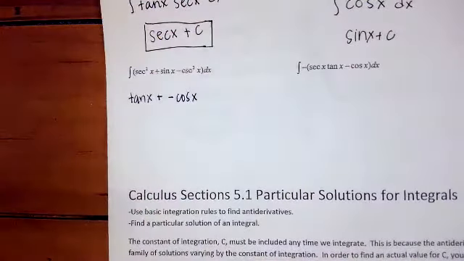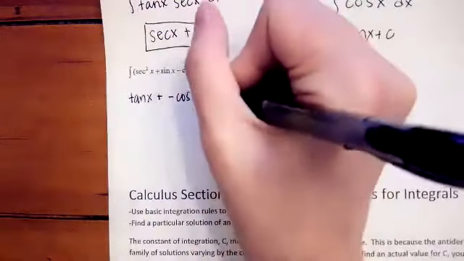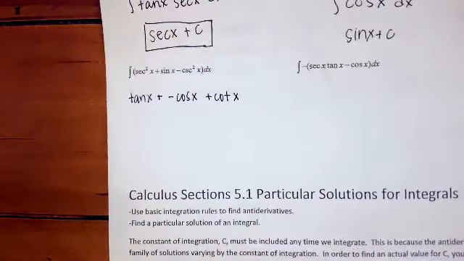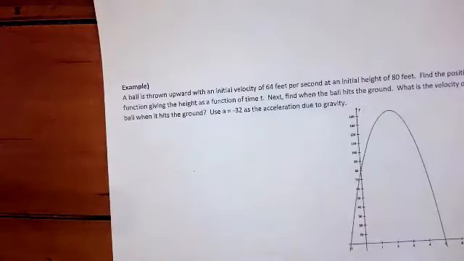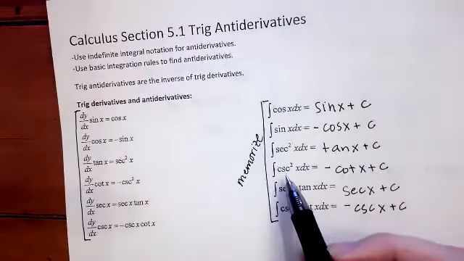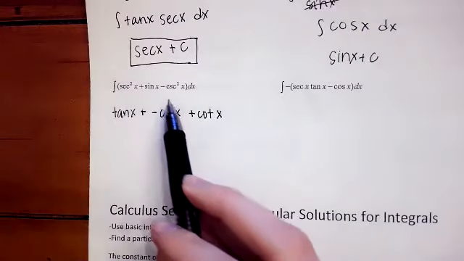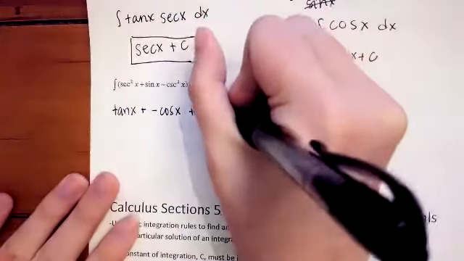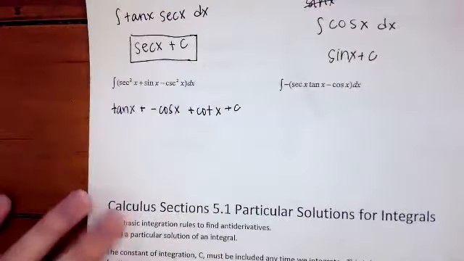The integral of negative cosecant squared is going to be positive cotangent. Okay, because we saw on the front that positive cosecant squared was negative cotangent. Here we had negative cosecant squared, so we'll have positive cotangent. Those signs do flip. And then plus c.